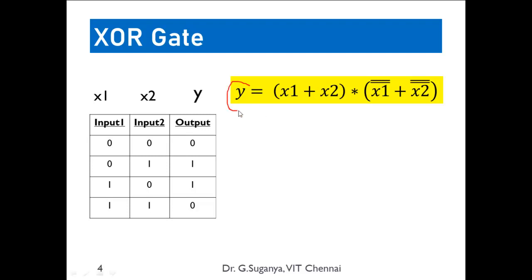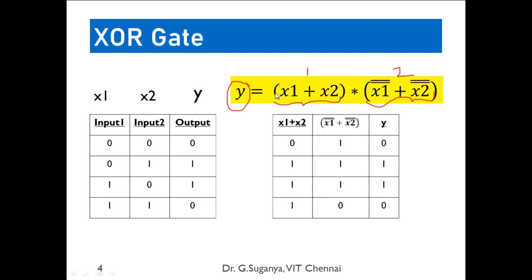For this y to be processed, we need to compute two subfunctions: the first one being x1 plus x2, and the second one being x1 bar plus x2 bar. This is the first subfunction that needs to be computed, and this is the second. Both need to be passed on to a multiplier unit, which can give you the output y.